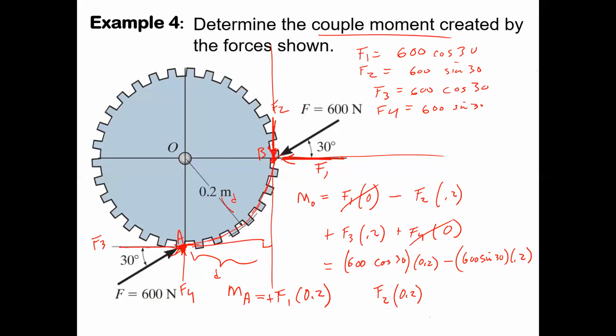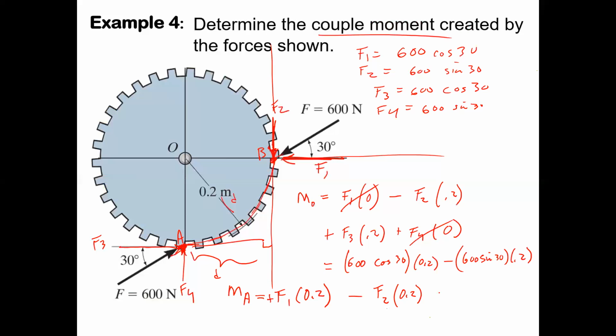And Karen, F2 times 0.2, is that a positive or negative moment about point A? Negative, yeah, because it's going to be spinning counterclockwise, right? So we put a minus there.